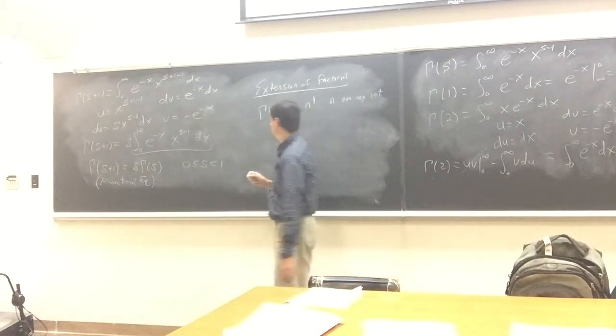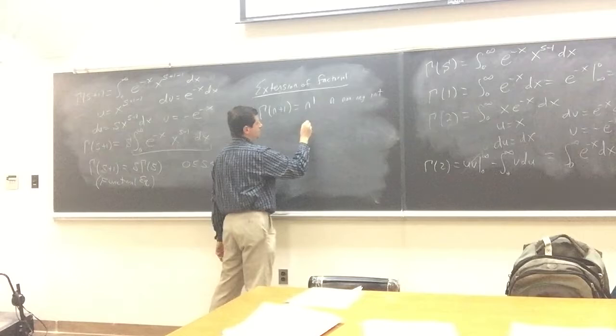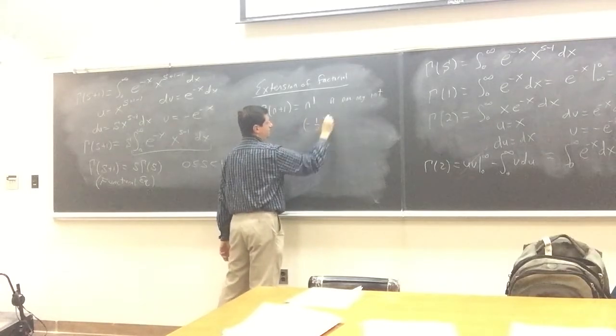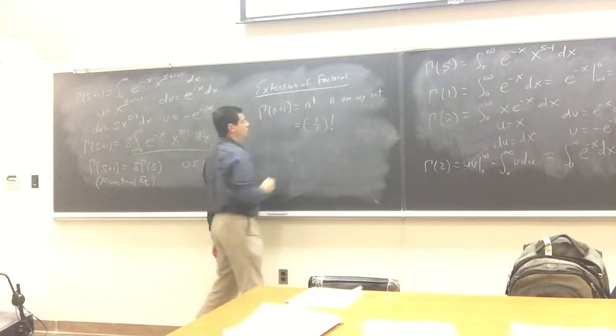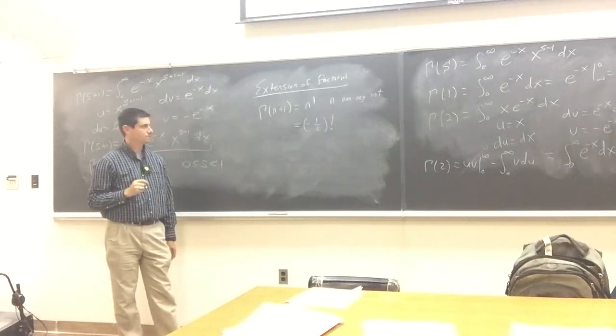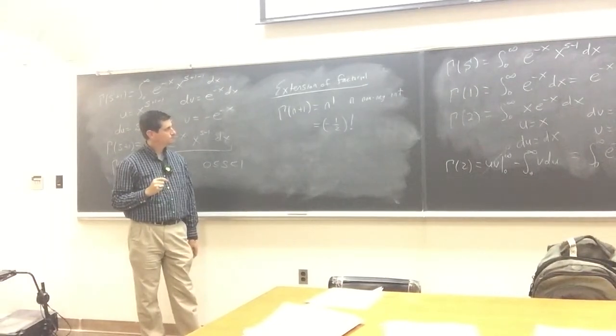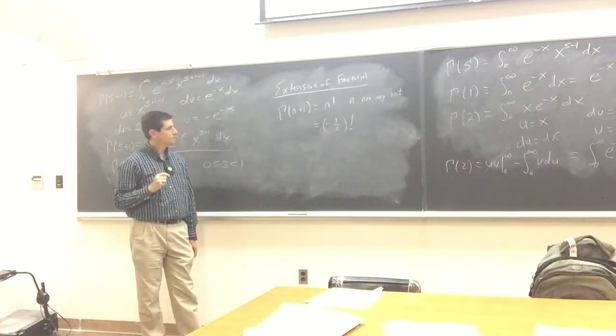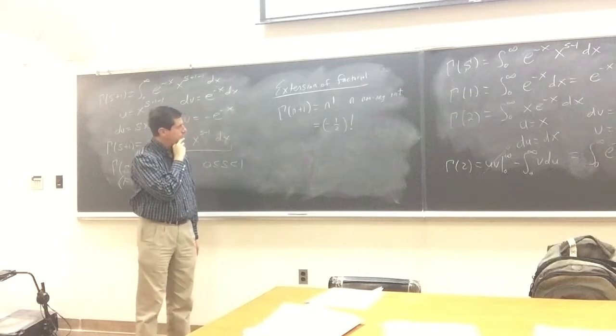If I wanted to know what negative 1/2 factorial equals, what value would I want to take for n? Let's see, let me try this right.